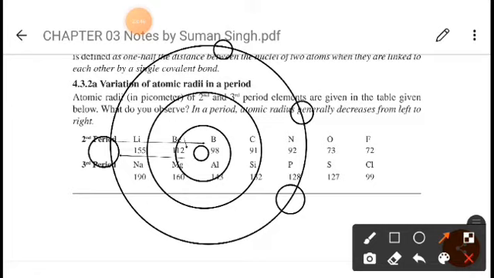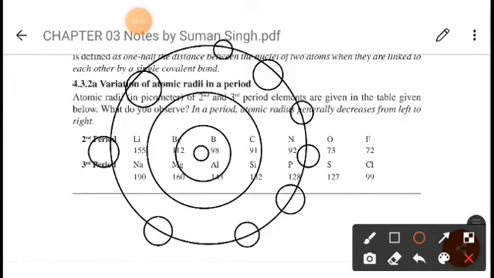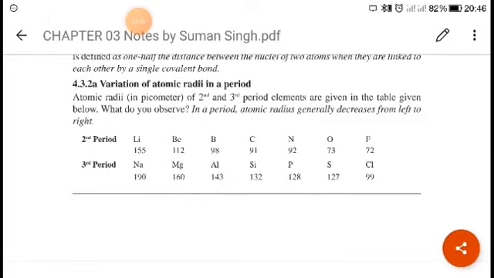What will happen, suppose these are the three shells here. At that time there are 3 to 4 electrons. Suppose the fourth shell has electrons 5, 6, 7, 8, and here suppose it has 2 electrons. Let me draw it again so that I can explain clearly.